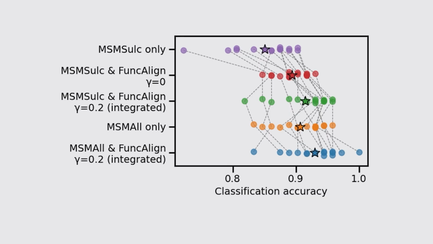Here's the same comparisons when the outcome is classification accuracy instead of inter-subject correlations. And all the comparisons that were significant in the previous plot were still present using this outcome measure. We also compared with a different set of functional alignment methodologies, Procrustes transformations, and it held across those validation tests.